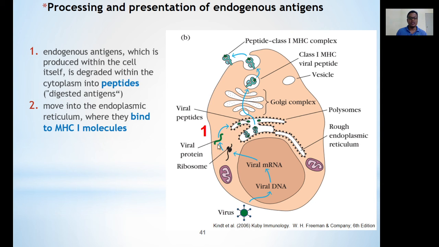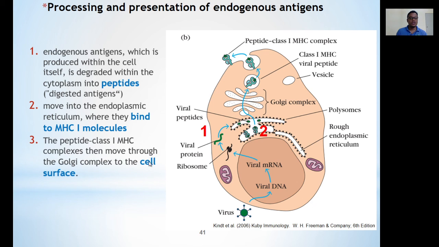This broken down antigen will be moved into the endoplasmic reticulum, where it will bind to the MHC class 1 molecule, to produce the peptide-class 1 MHC complex, which then moves through the Golgi complex to the cell surface.